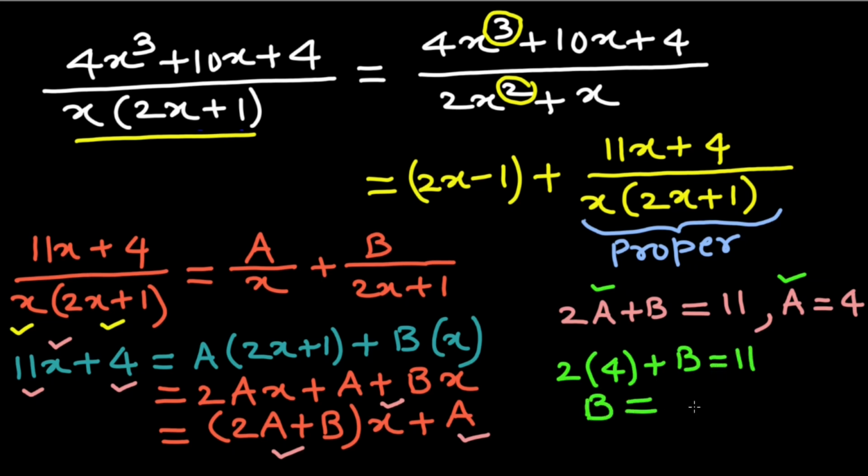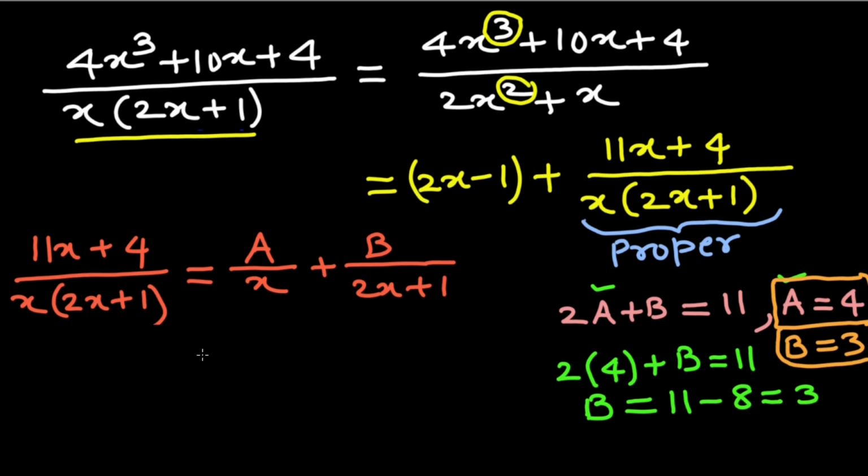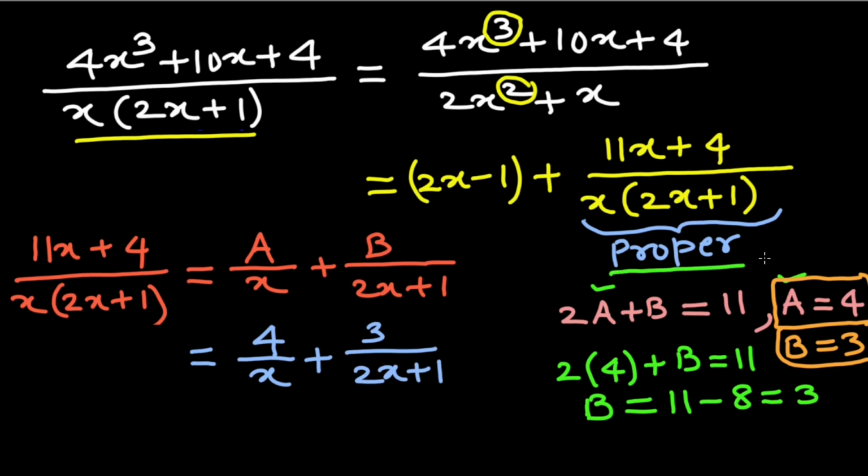So b will be 11 minus 8, that is 3. So we have a equals 4 and b equals 3. We write the partial fractions as 4 by x plus 3 by 2x plus 1. So these are the partial fractions of this proper function.